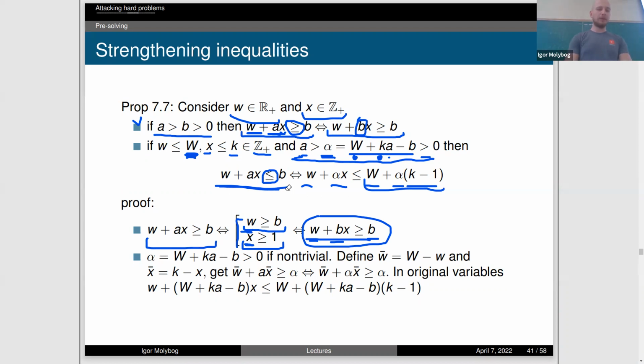To prove this, we will need to refer back to the first bullet. So let's take a look. First of all, we did assume that alpha, which is defined this way, is greater than 0.